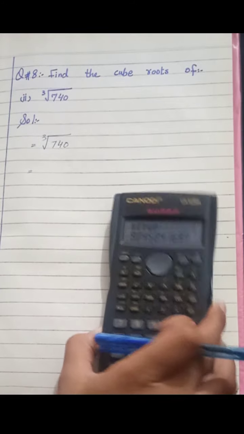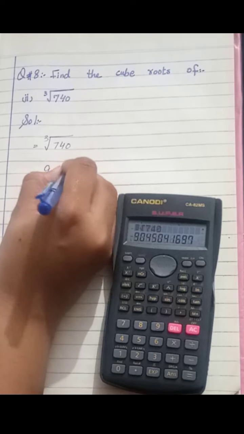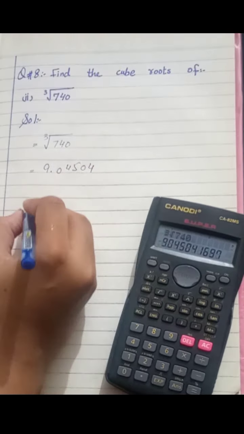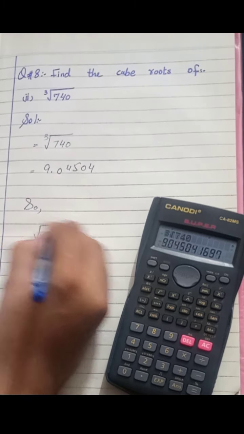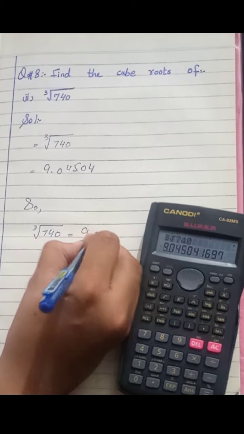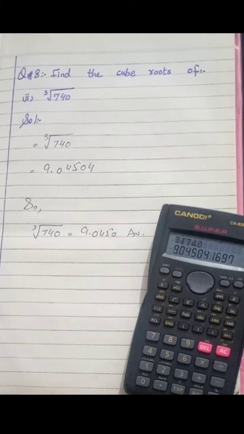So we have 9.04504. So cube root of 740 is equal to 9.0450. This is the answer.